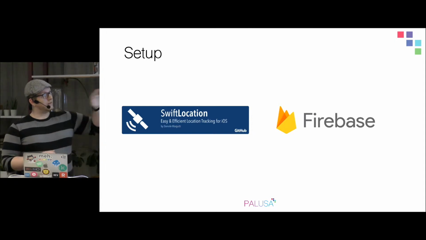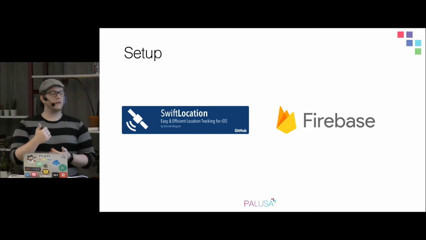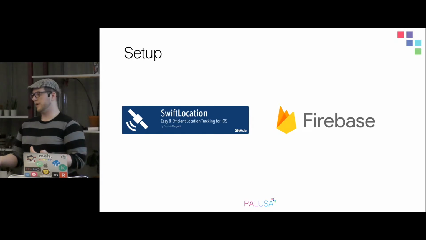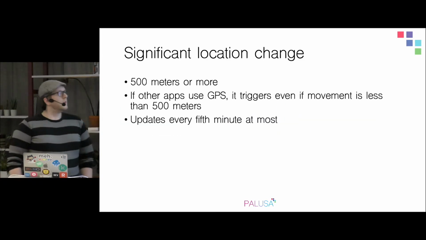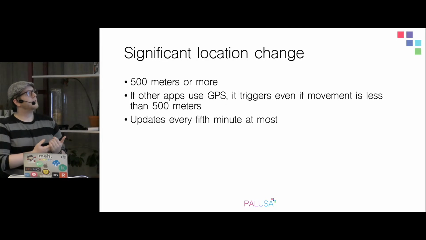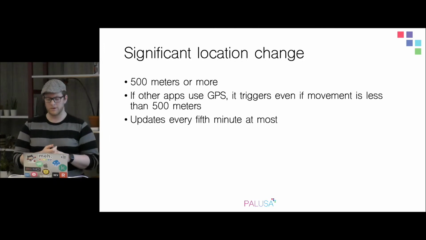So this is a very lightweight library that fixes everything about asking the user for permission, fetching background location, and also reverse search. So you can use a geolocation and then search for an address. So with significant location change, as I showed, it requires you to move 500 meters or more.